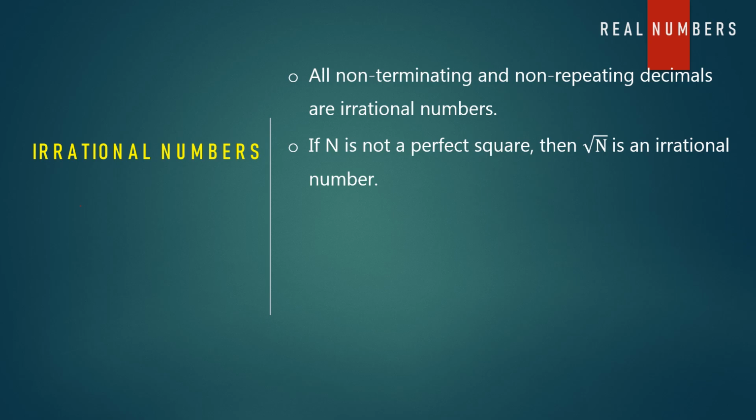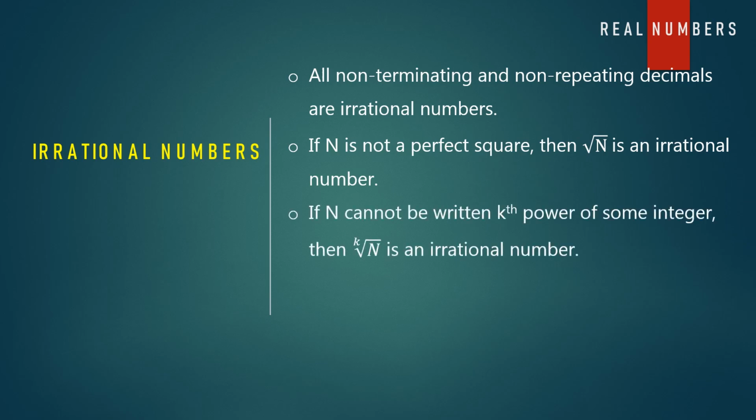For example, 9 is a perfect square, so root 9 is equal to 3, which is a rational number. If I take a number which is not a perfect square, let me take 5, root 5 is irrational. Therefore, if n is not a perfect square, then root n is an irrational number.